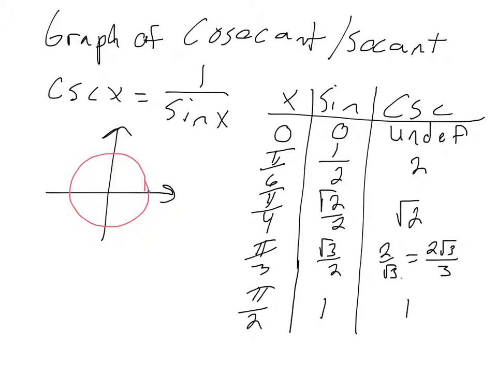All right, and then at that point, let's think about what's going to happen. Well, we've gotten to pi over 2, and that's the largest that sine x gets, and so sine x starts getting smaller, and so cosecant is going to start getting larger because we're dividing by a number that's less than 1. Until, bam, eventually we get back to y being 0 at pi, and there we'd expect to have another vertical asymptote.